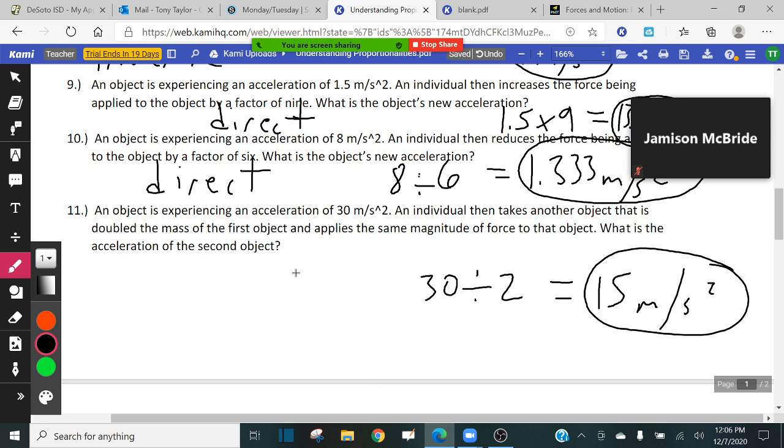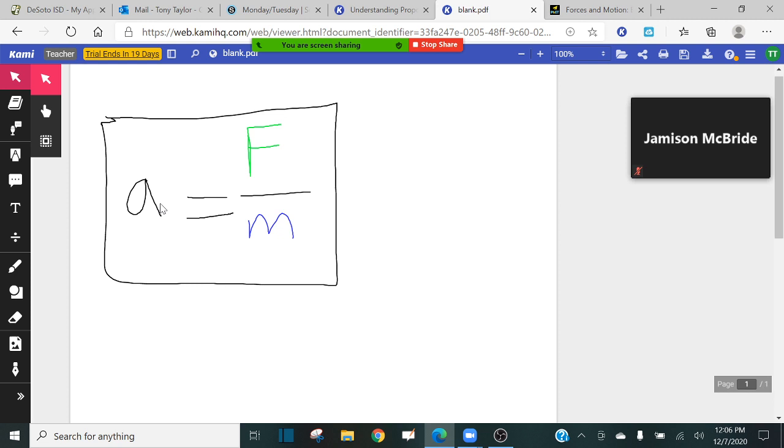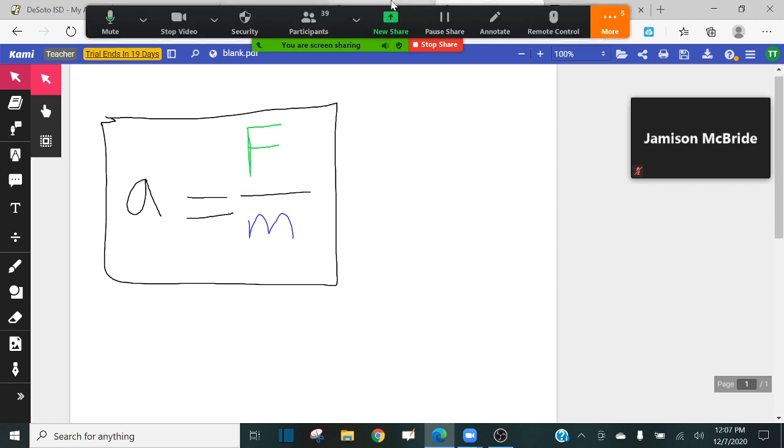And since we're dealing with the relationship between mass and acceleration, we have an inverse proportionality here, because mass is in the denominator and acceleration is our resultant. So these two are inversely proportional. Force is in the numerator, and so force and acceleration are directly proportional. So these two variables are directly proportional. These two variables are inversely proportional.